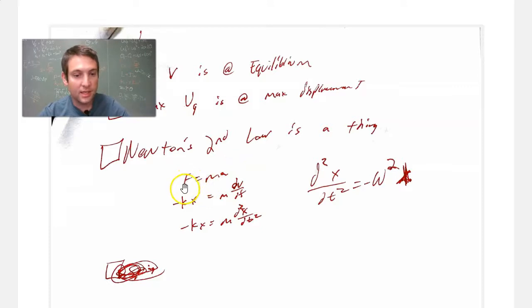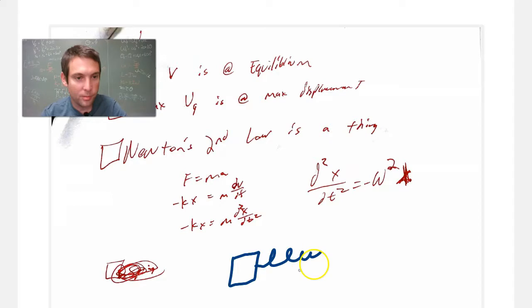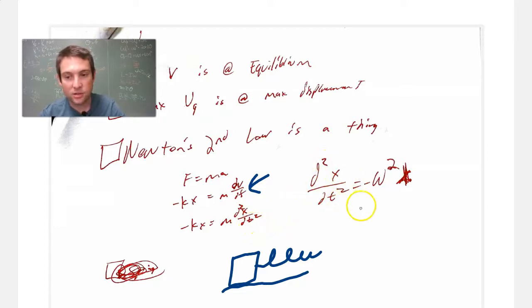So you can say if the only force acting on a spring oscillating, let's say you have a square and that, and it's going back and forth, the only force acting on it, if it's on a frictionless surface, could be the spring force. So the spring force is negative kx, Hooke's law, equals mass times acceleration. If you need a differential equation, there you go. It can also be the second derivative of x, so that way you have your x terms. It's a thing. Use it.